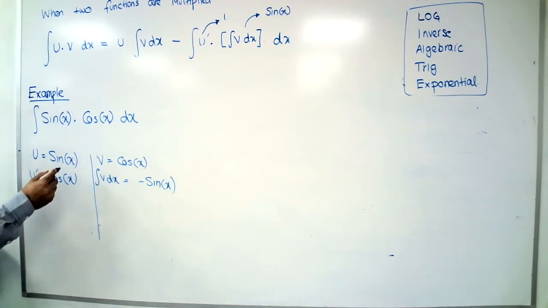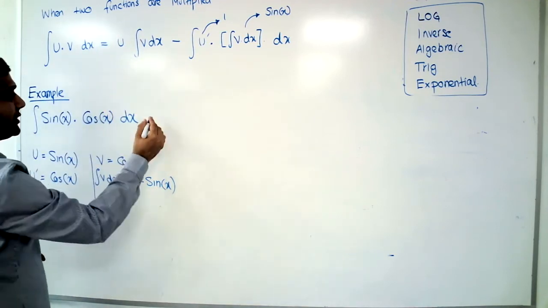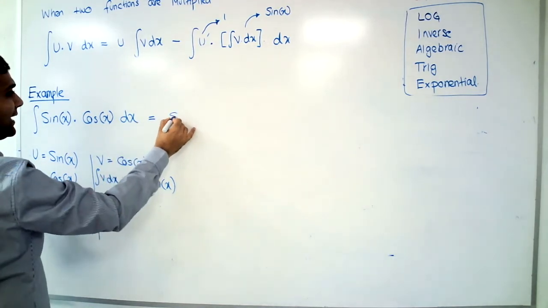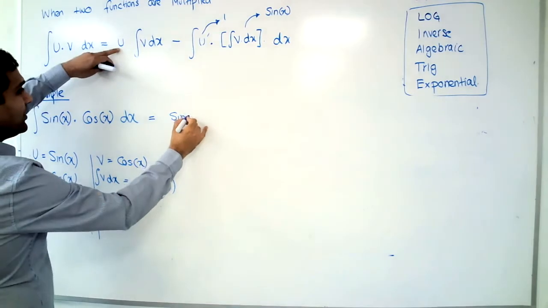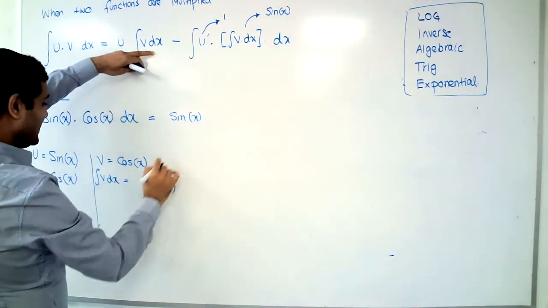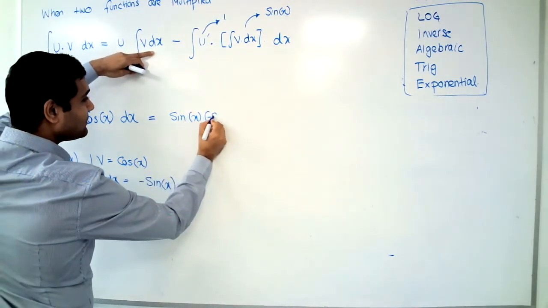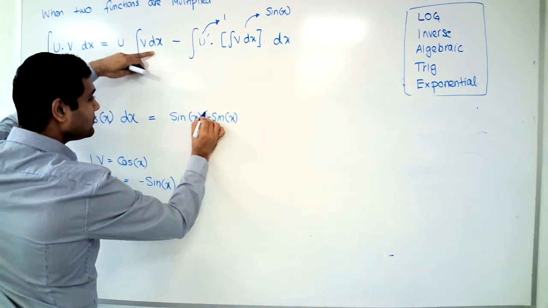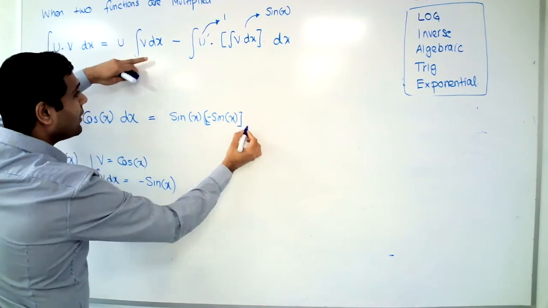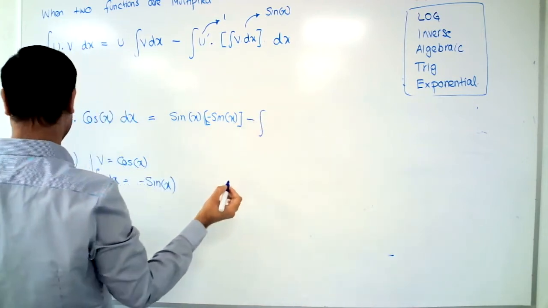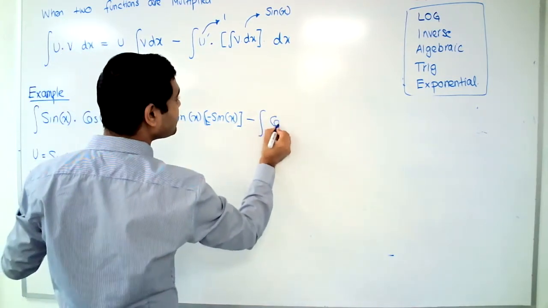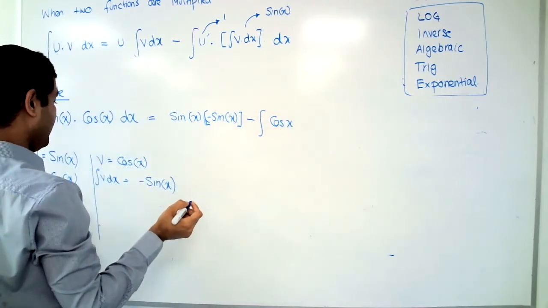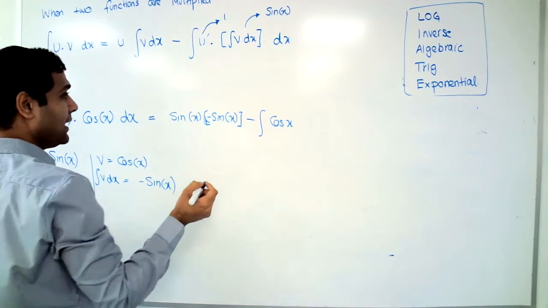Okay, now I need to put this in the main equation. So let's do that here. u is sine x, and v is minus sine x. Then the u dash is the cos x, and the v is minus sine x.